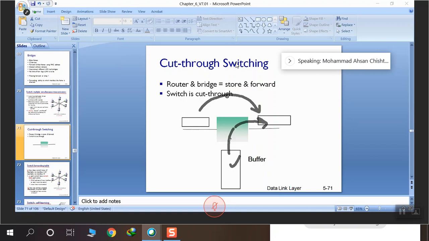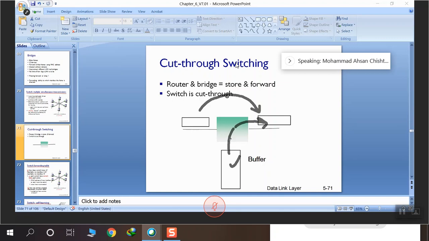There is one important aspect of cut through switching. The packet cannot do cut through switching unless that thing is done. What is that? That is, the portion of the packet that contains the destination address must arrive first.